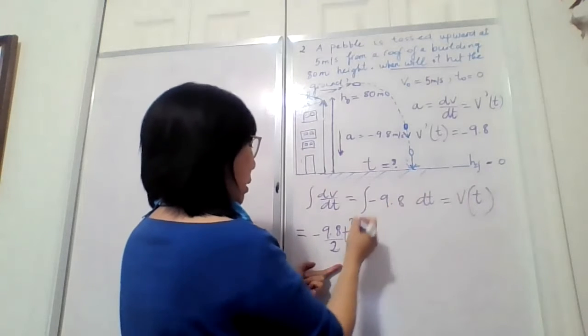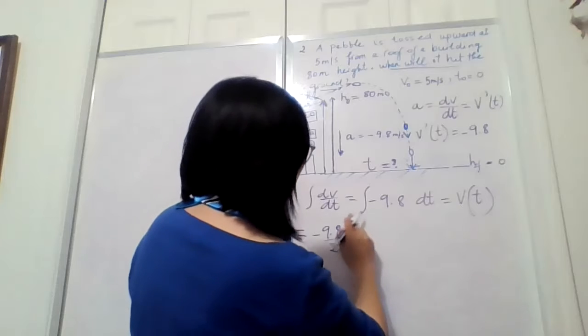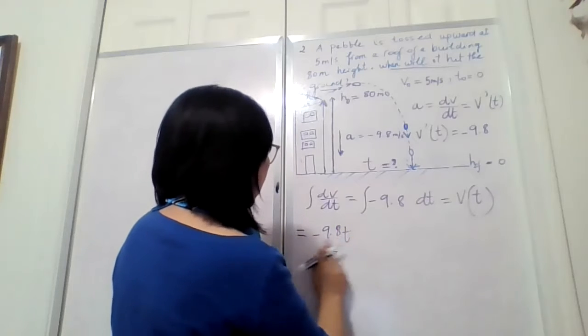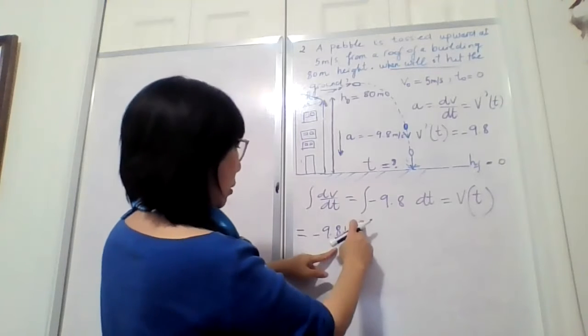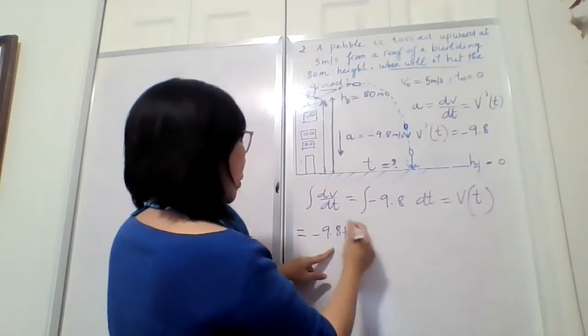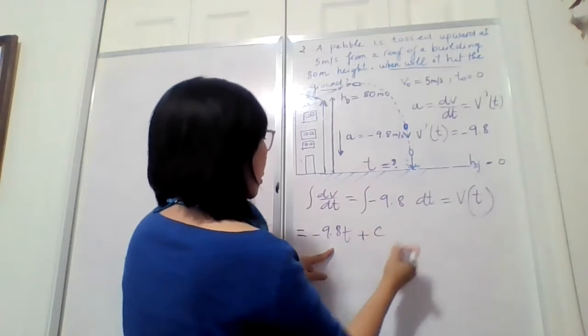We add 1 to the power, so power 1 for t. No, sorry. Actually, this is just minus 9.8 t when we integrate this value. We got minus 9.8 t plus c.